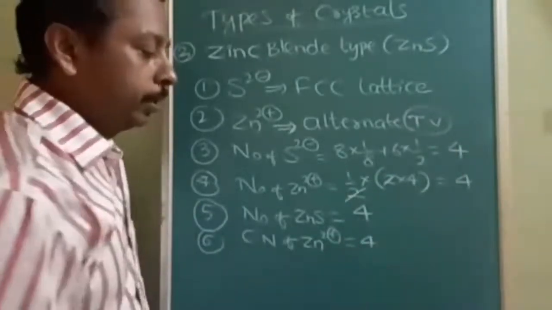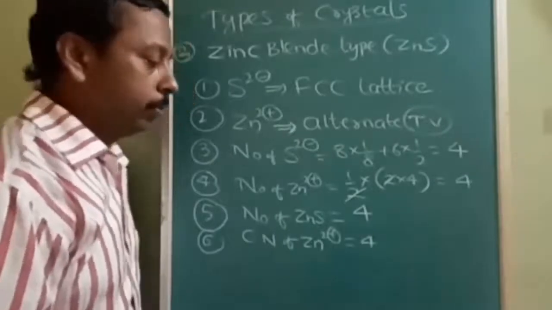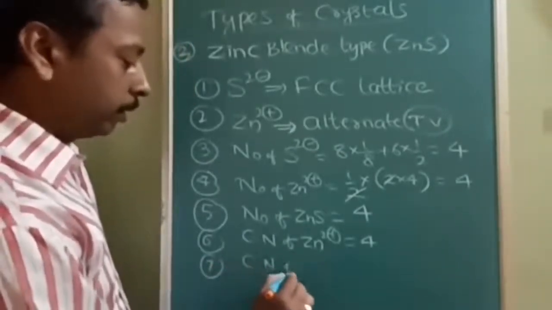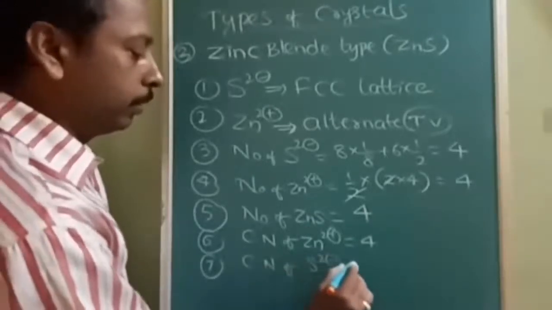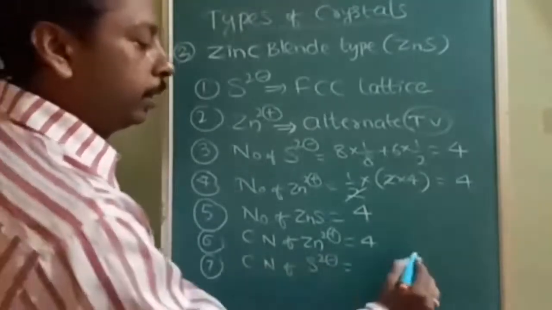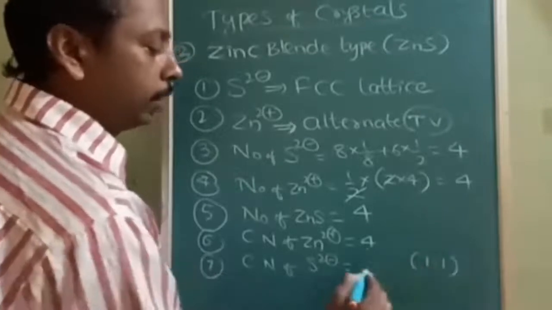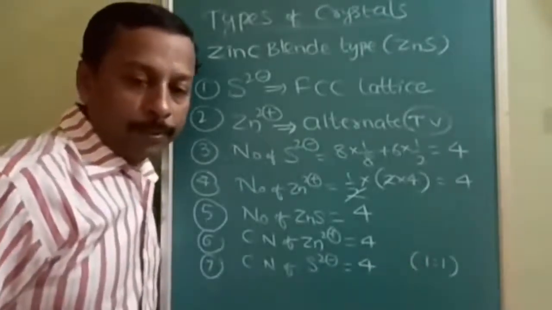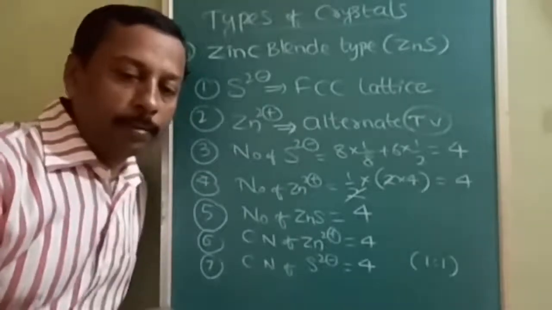Therefore, the coordination number of Zn2 plus will be 4. And the seventh and last point, the coordination number of S2 minus also. As it is a 1:1 crystal, both coordination numbers will be the same.